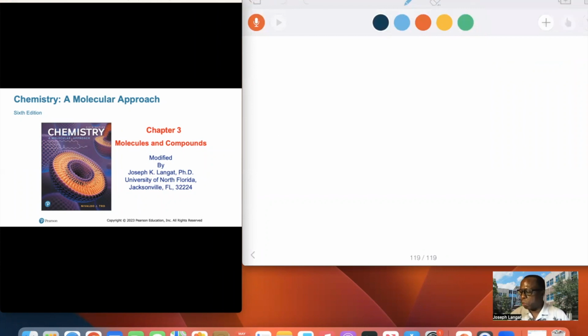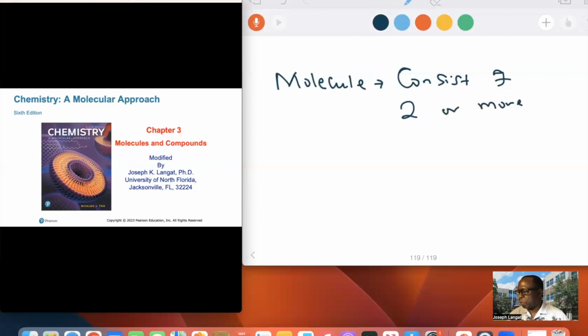A molecule is just a compound which consists of two or more non-metals.